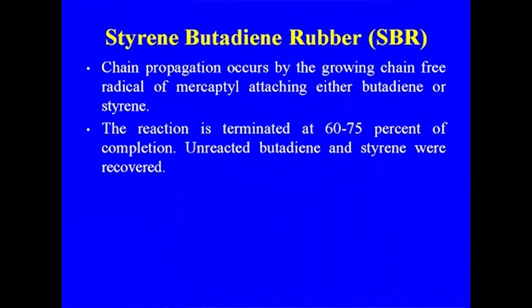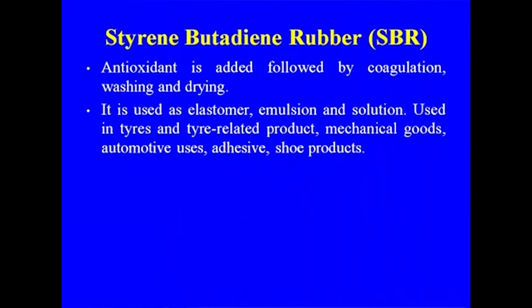The reaction is terminated at around 60 to 75% completion, and unreacted butadiene and styrene are recovered. Other additives are also added, and antioxidant is added, followed by coagulation, washing and drying.